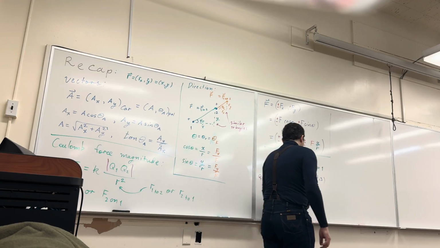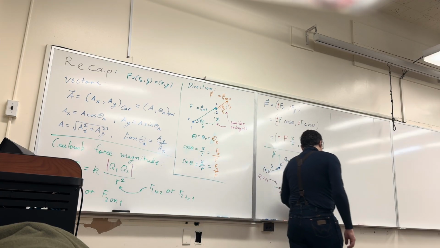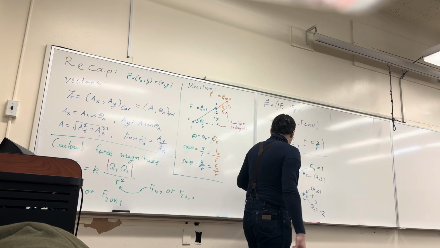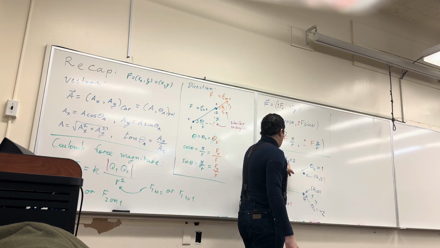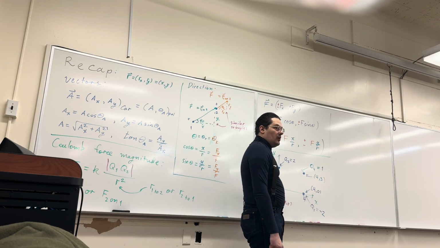Okay. So first, before we do anything, let's get a bearing on what we should expect the answers to look like. Let's think about the force that Q3 exerts on Q1. They're both positive, so should Q3 be pushing or pulling on Q1?